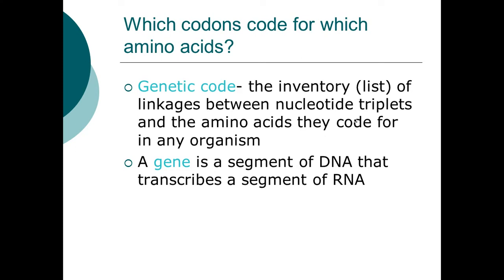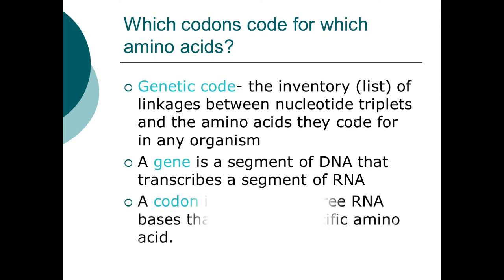So a gene is one piece of the code, and it turns into a piece of RNA. And a codon is a series of 3 RNA bases that make a specific amino acid. 3 RNA bases make one specific amino acid. And remember, there are only 20 possible amino acids.